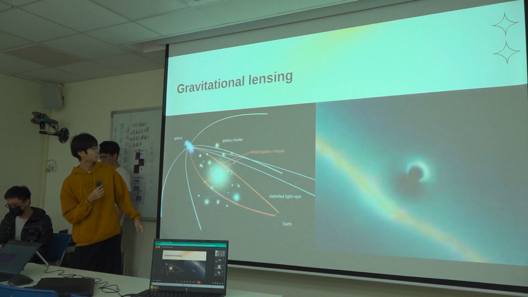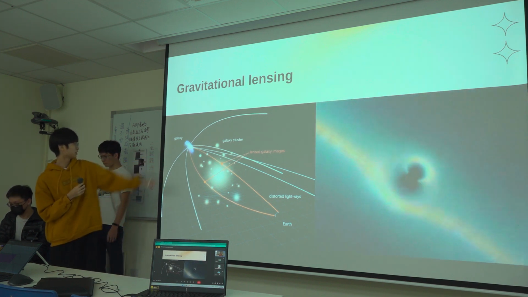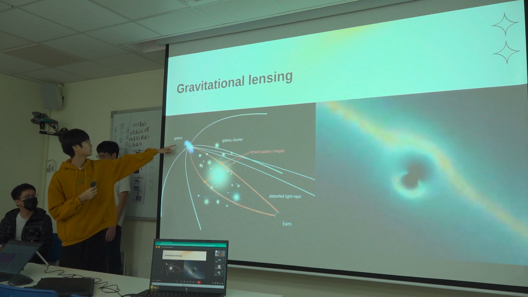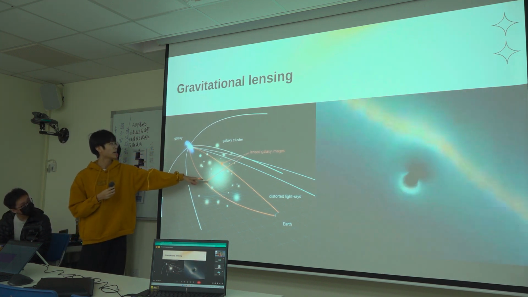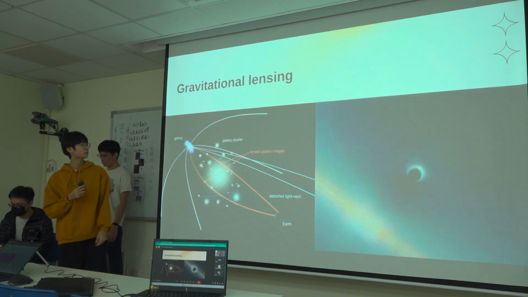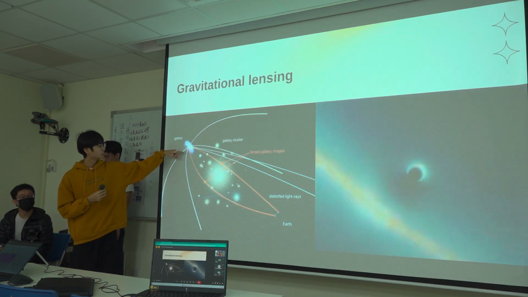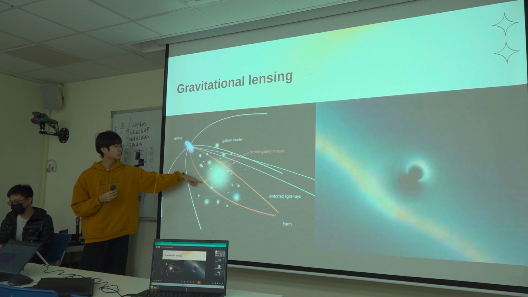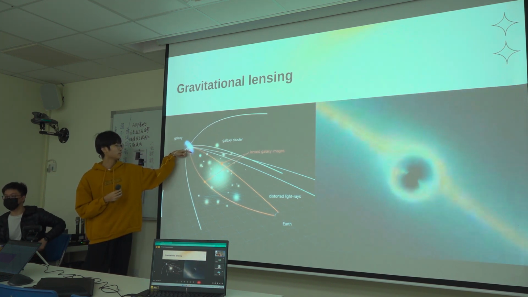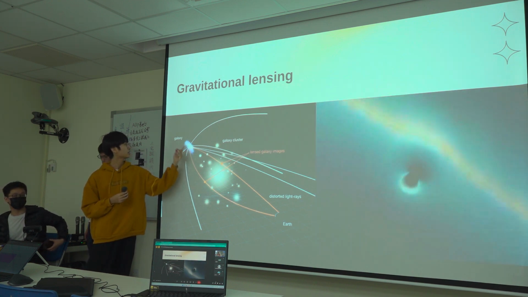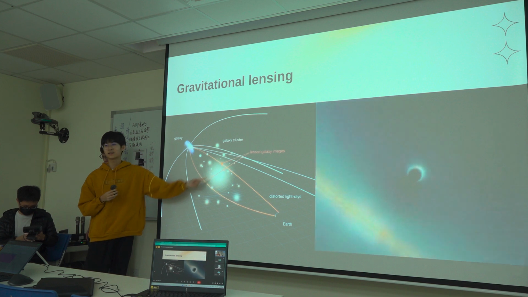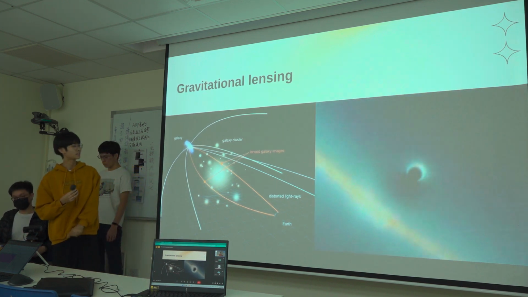We can see this picture, and this is the Earth, and the galaxy is behind a black hole or galaxy cluster, and the light will be influenced by this galaxy cluster, and we can see this galaxy behind this galaxy cluster.